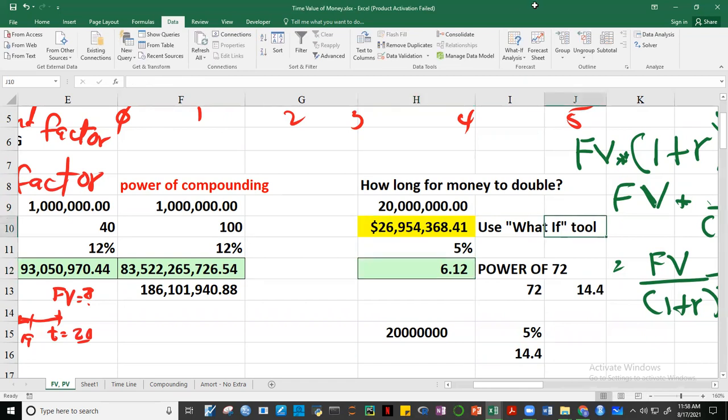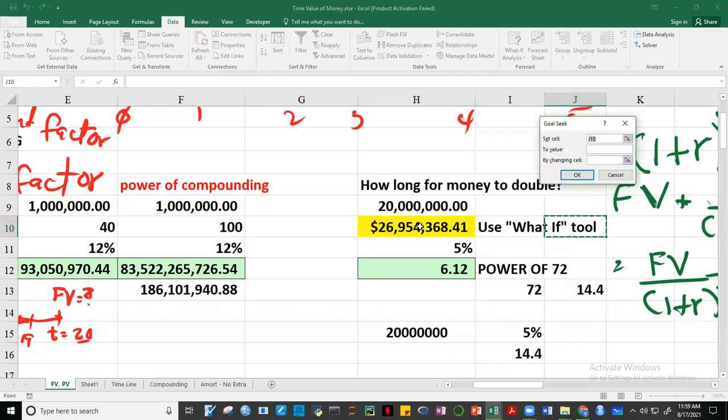So mag-goal seek tayo nito. Check lang natin guys, what if analysis, goal seek, set cell, this one equal to 40,000 by changing this cell. Okay, so mga 14 yan. Approximate to yung power of 72.